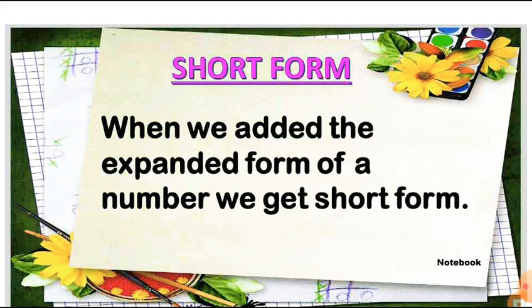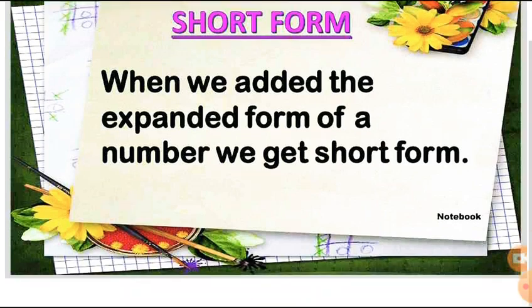When we add the expanded form of a number, we get the short form. In expanded form, we write the number as the sum of its place values, isn't it? So when we add this expanded form of a number, we get the short form.